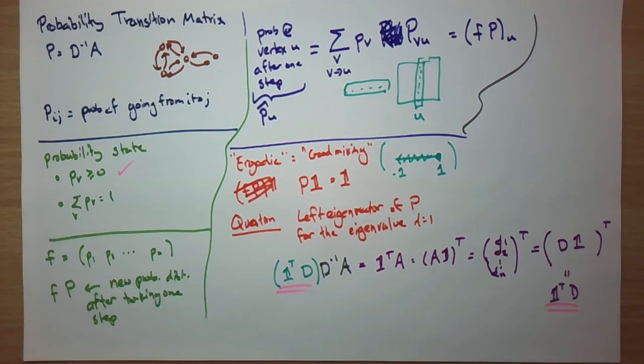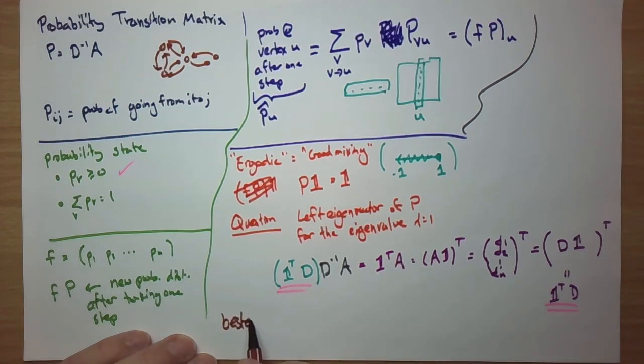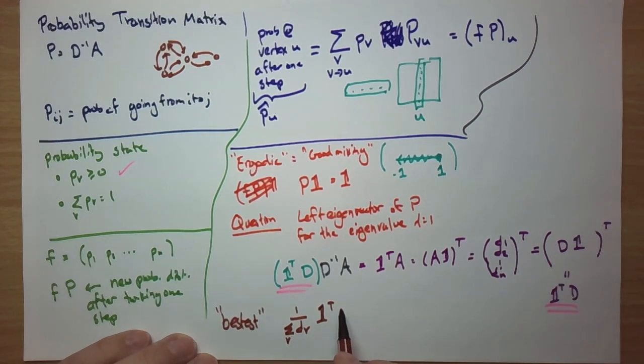So now we have this really cool, the bestest left eigenvector for the eigenvalue 1 is, as was said out loud, 1 over the sum of all the degrees times 1 transpose times D. Great. Exactly what you would think.